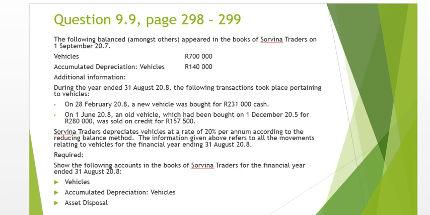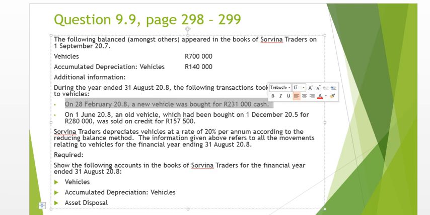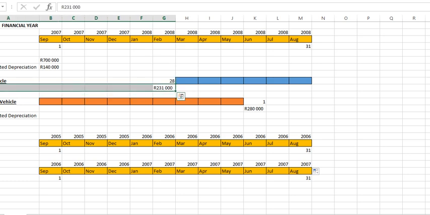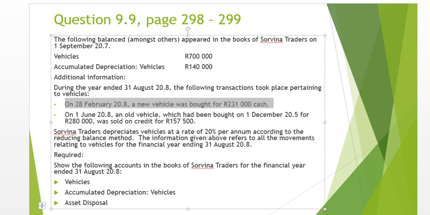Then during the year, the following transactions took place. Firstly, on the 28th of Feb 2008, a new vehicle was bought for 231,000 Rand cash. In our timeline, we bought a new vehicle on the 28th of Feb 2008, and the cost price of that was 231,000 Rand. So let's record that in our vehicles account.